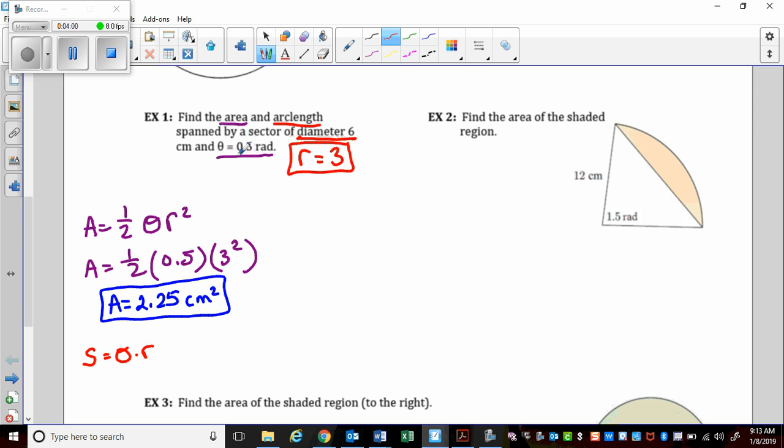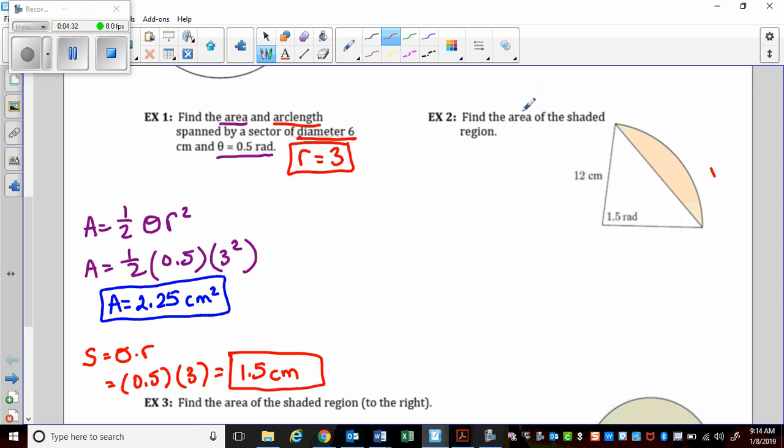My theta has to be in radians, so it's equal to 0.5 radians times my radius, which is 3. I would just plug that into the calculator, but half of 3 is 1.5 centimeters. Don't forget your centimeters. Don't forget your units. The length of something or the distance of something is just going to be our units. But when we're trying to find the area of something, my units are squared.